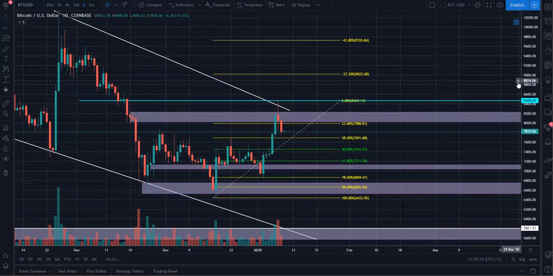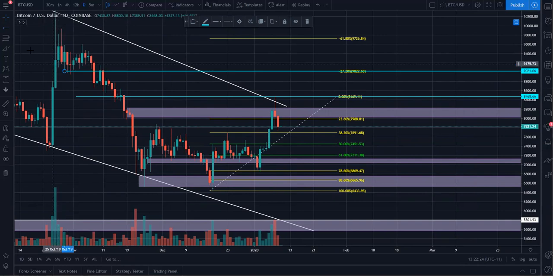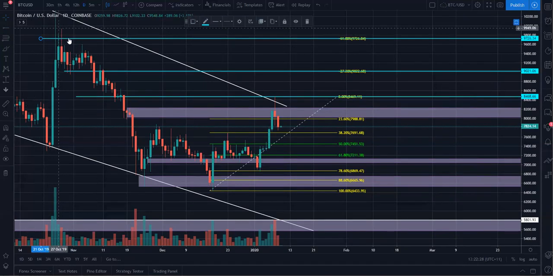And just to go back a little step as well with those settings that I was talking about, the 27.2 lines up pretty well with that. And the 61.8 lines up quite well with that anyway, with those wicks, not quite so much down here, but certainly we've respected, or we've touched this area beforehand.